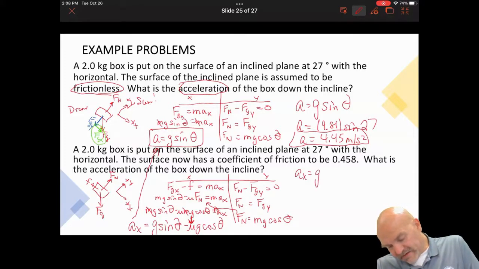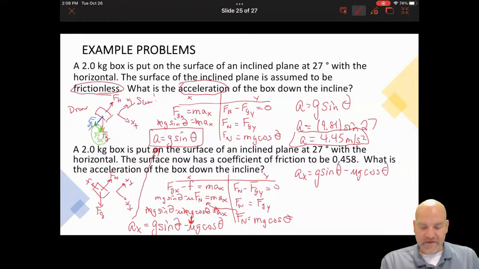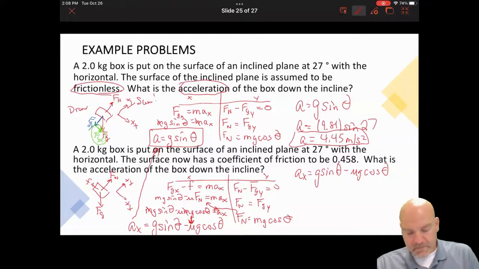So ax equals g sine theta minus mu g cosine theta. All right, and something you would see, our acceleration should be less than our previous answer because we've got the minus mu g cosine theta because we got friction slowing it down.